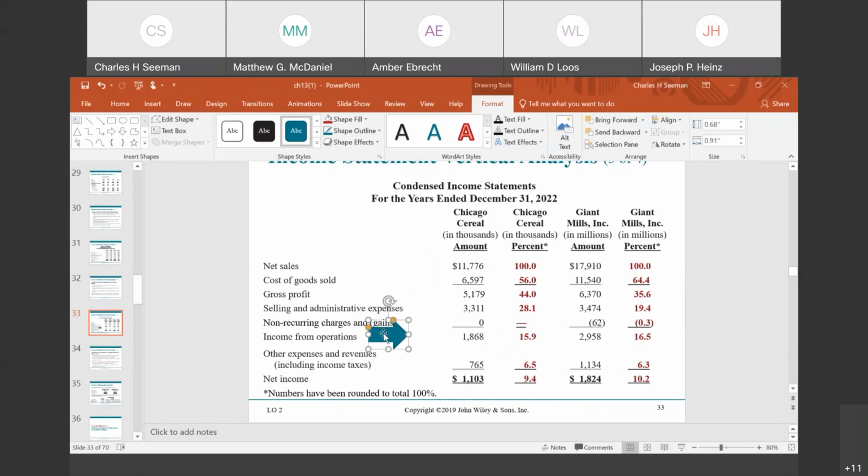Now, as you can see, this is a running total, just like the income statement we did in 260. We start with net sales, which is 100%. We take off the cost, we have a remainder. We then take off selling and administrative, and we have a remainder. Same thing with Giant Mills. We start off with 17,910, which is 100%, and we take off the cost of goods sold, and we have a remainder: 6,370 plus 11,540.